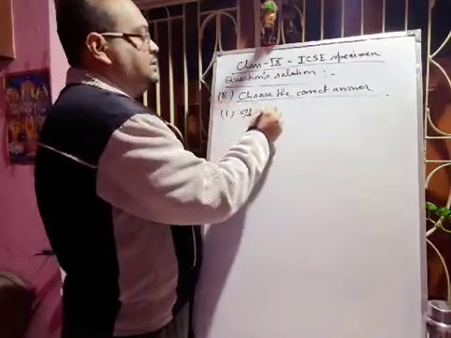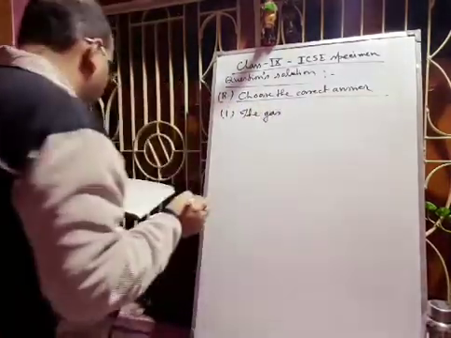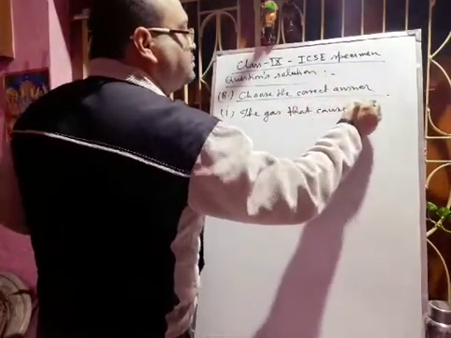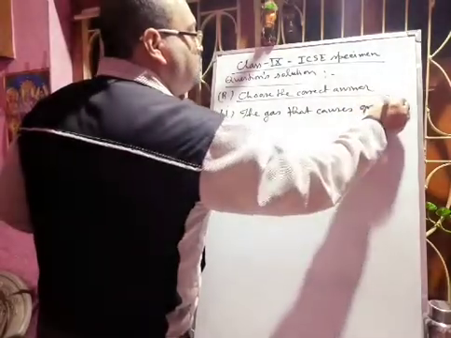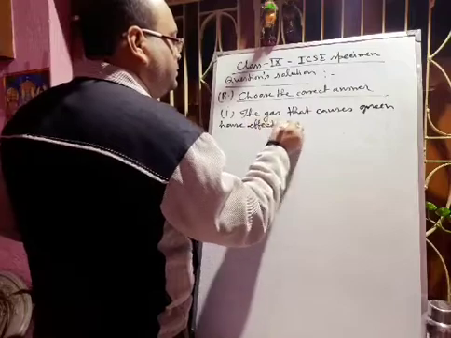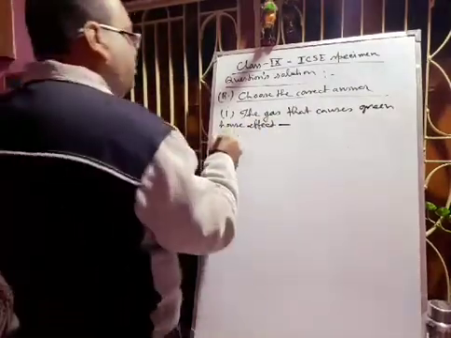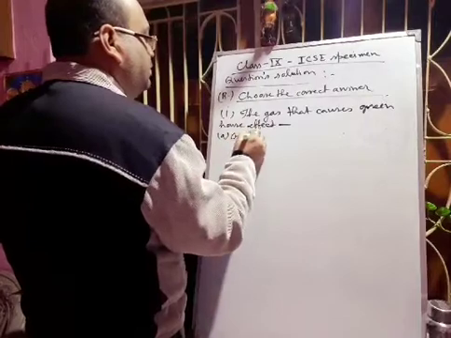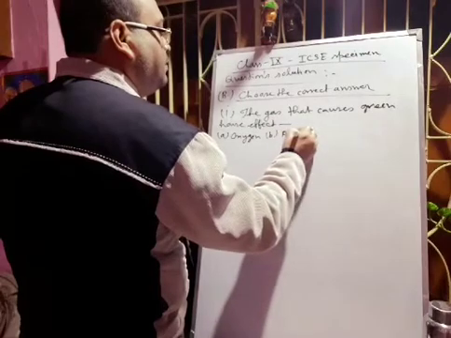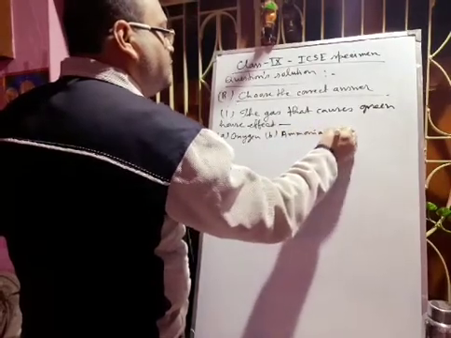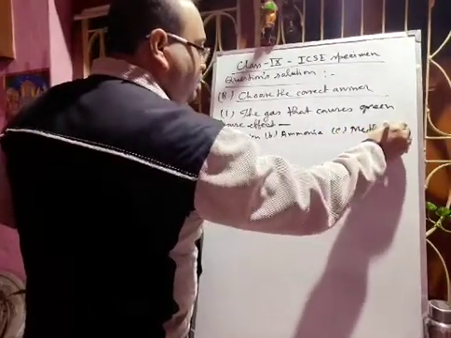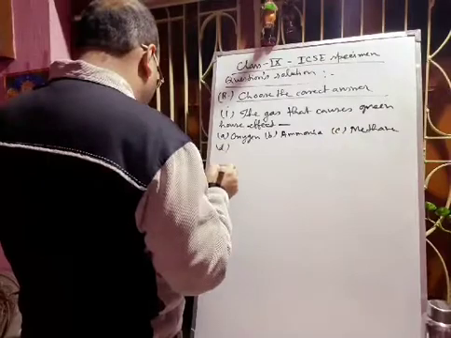The gas that causes the greenhouse effect. Options are given: A, oxygen, B, ammonia, C, methane, and D, hydrogen sulfide.